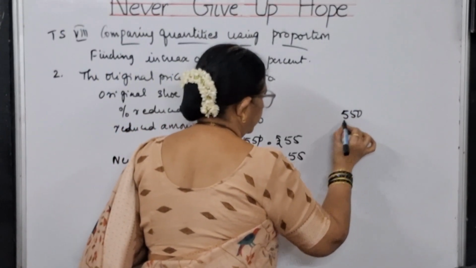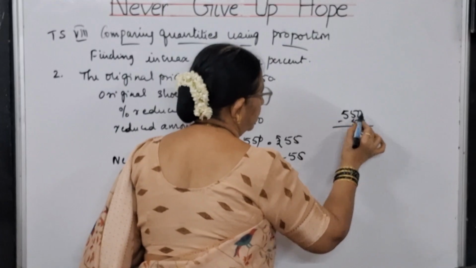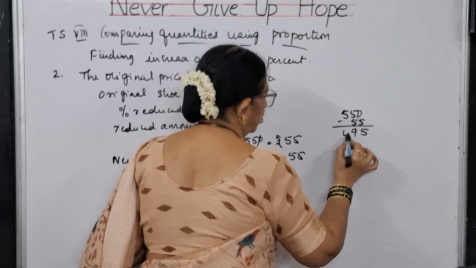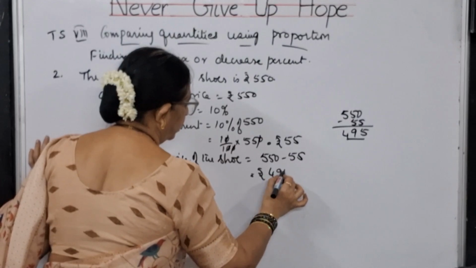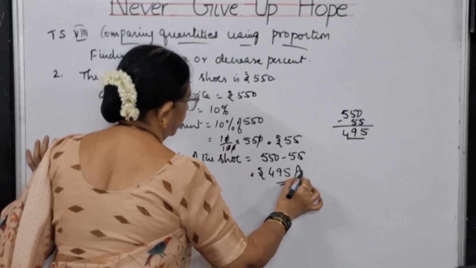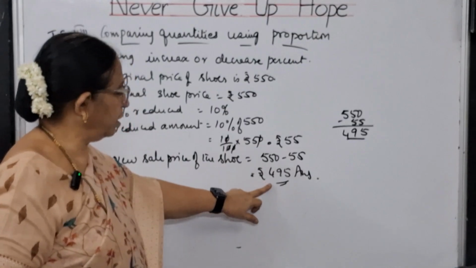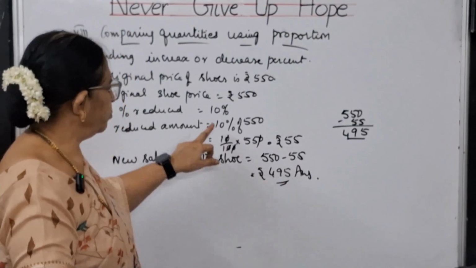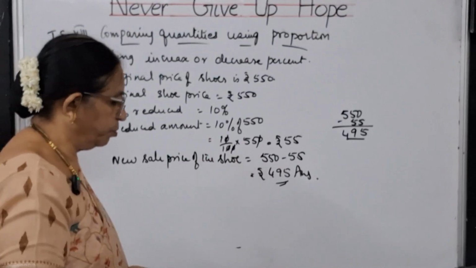In 550, subtract 55. So here 5, here 14 means 9, 4. This is nothing but rupees 495 is the answer. So the original cost is 550, but they are selling it for 495 because of the 10% reduction. Please copy it.